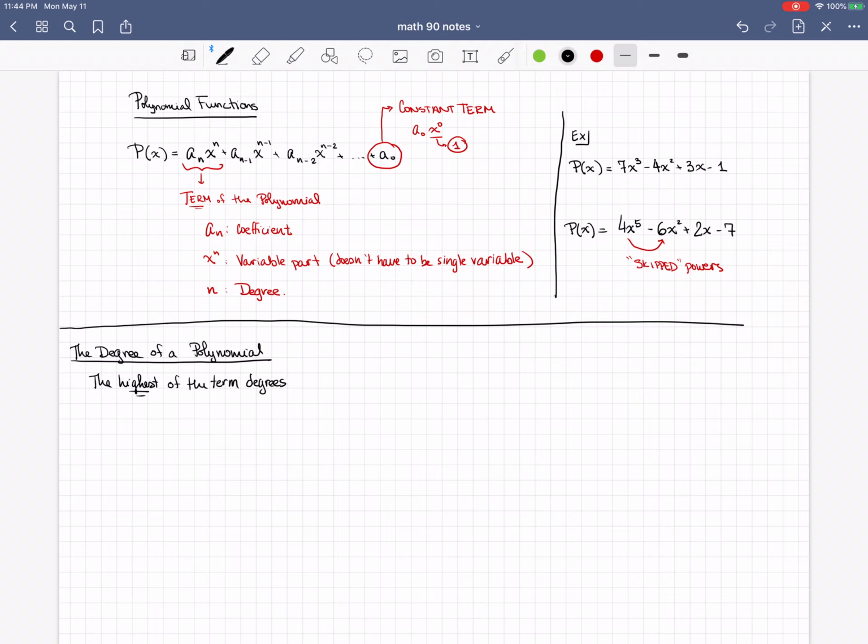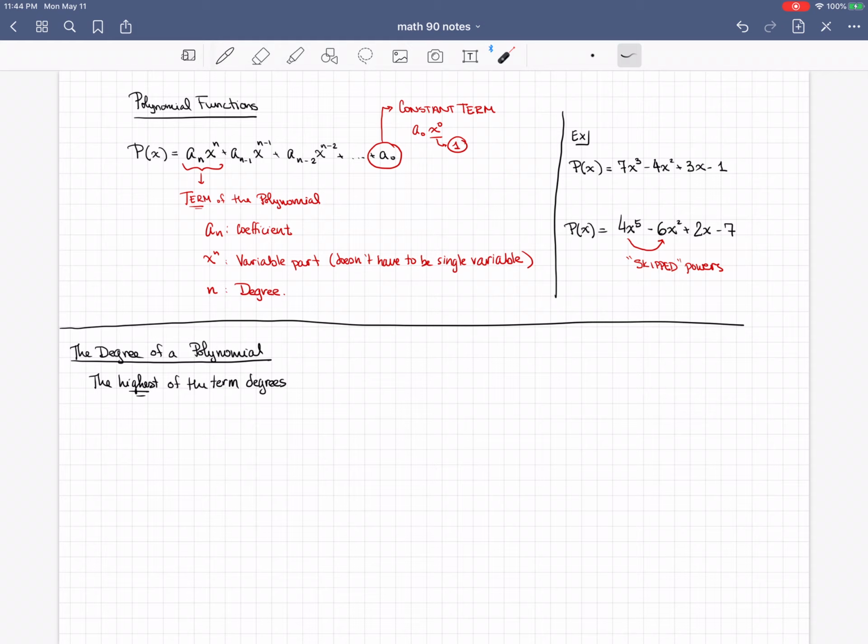So I'm going to go up here to the examples that I wrote up. And let's do this in green. So you see our terms in this example. We have 7x cubed. That's a degree 3 term. We have 4x squared. That's a degree 2 term. We have 3x. That's a degree 1 term.